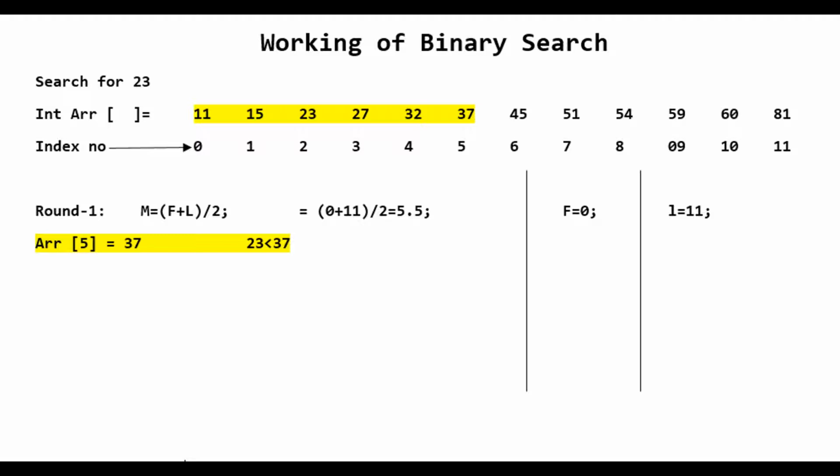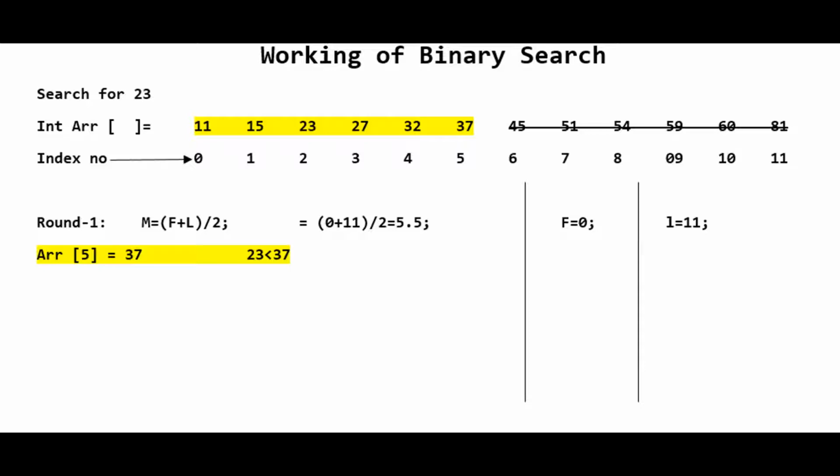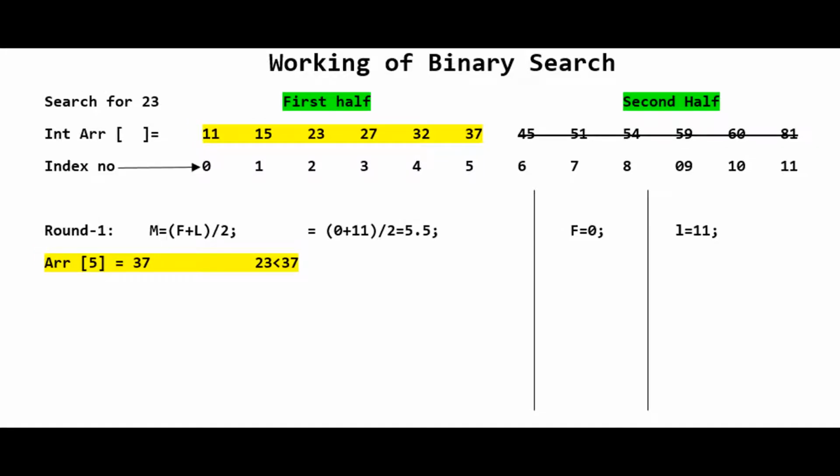Now in the middle element 37 is there, and we are searching for 23. It is lesser than 37, so when it is a sorted array, there is no meaning in searching the second half, because what we are searching for will be in the first half only. Because the search element is lesser than the middle element, it will not search in the second half.